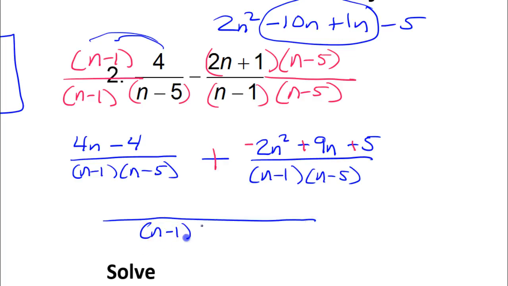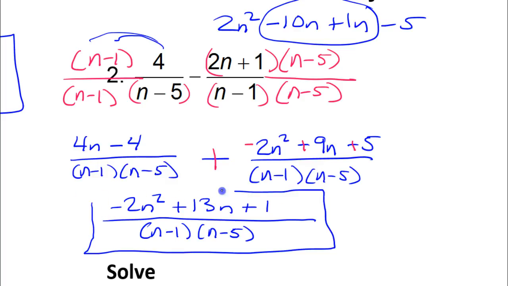So you keep your common denominator, and now I'm just going to combine like terms. I've got negative 2n squared. I've got 4n and 9n, so that's plus 13n. And I have negative 4 and 5, so that's plus 1. This is not going to be factorable, so this is the answer.